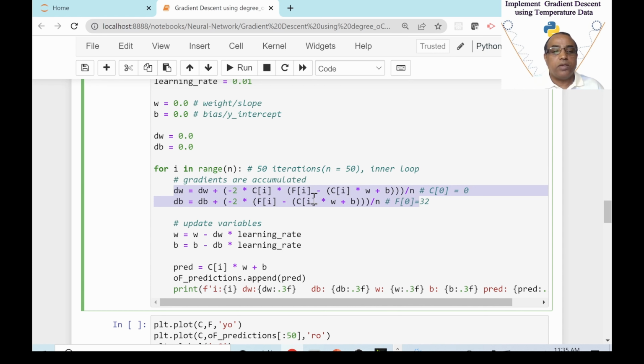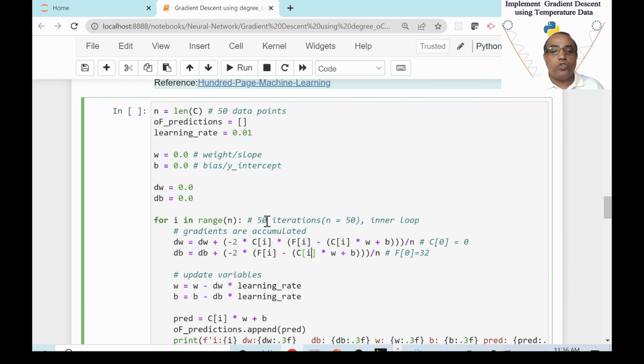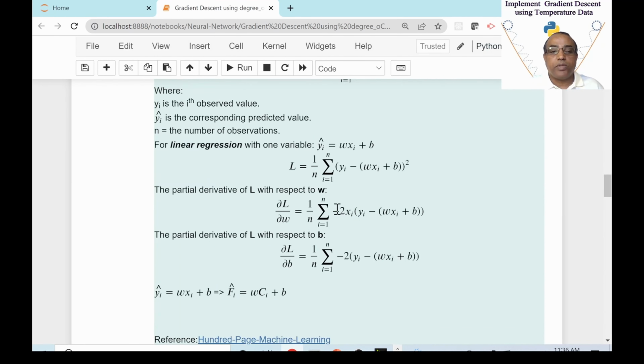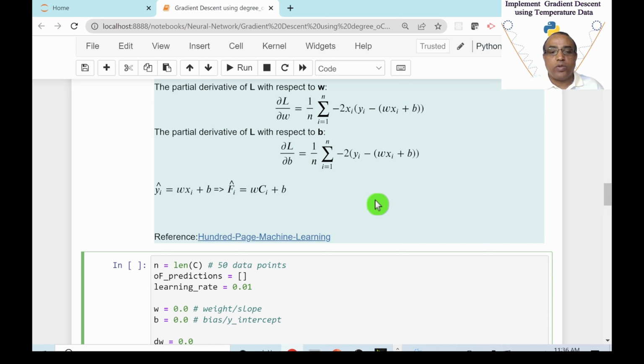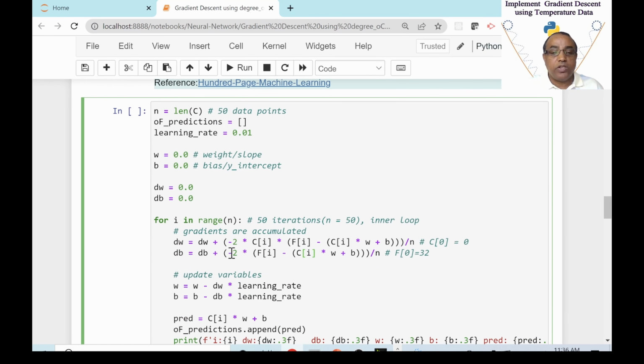Okay, let's look at the first variable, which is w. It calculates gradients with respect to w using this formula: 1 over n, summation of i runs from 1 up to n, minus 2xi into (yi minus (wxi plus b)). So where is minus 2xi in this equation?